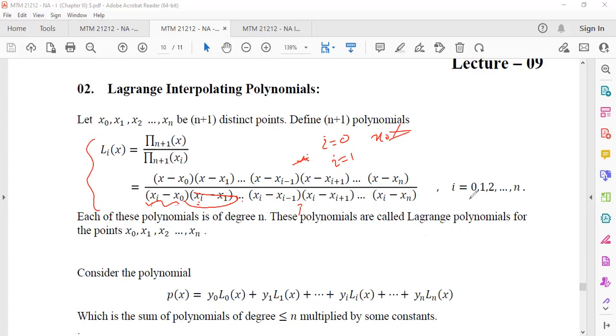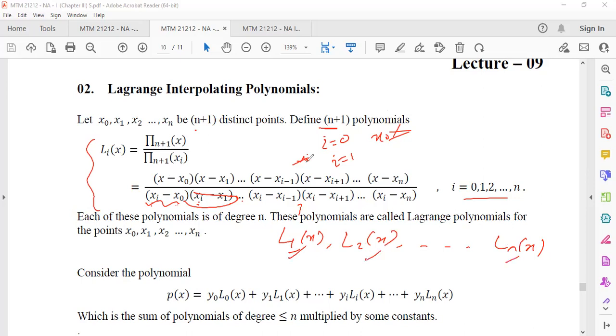So i values will be 0 up to n. There are n plus 1 points. After you find, for example, L1(x), L2(x), L3(x), you will find them up to n. If it is n plus 1 points, you will have n plus 1 polynomials like this. This is one of the polynomials, the second polynomial, the third polynomial.